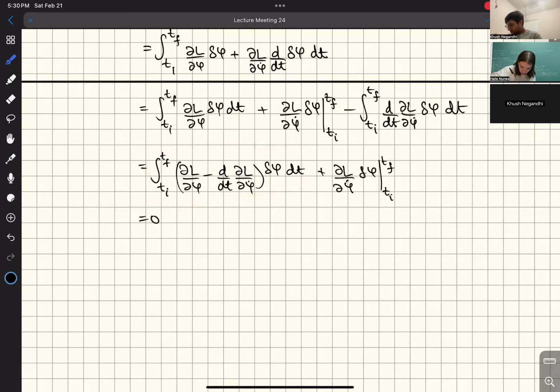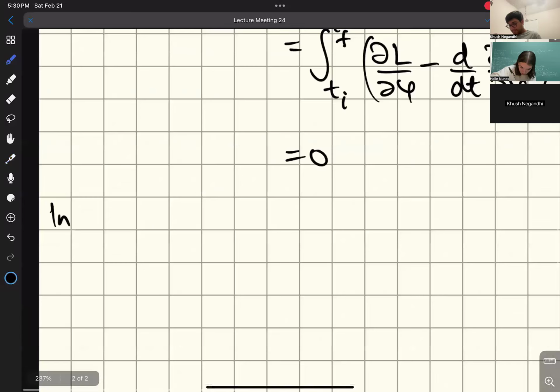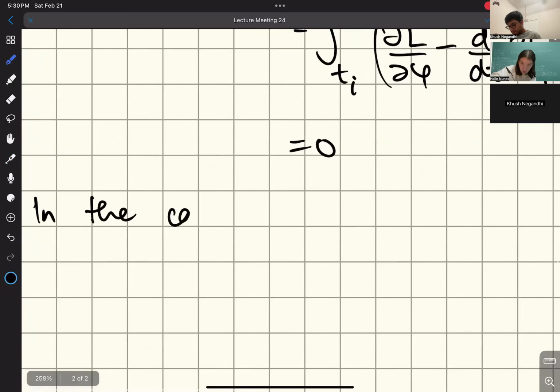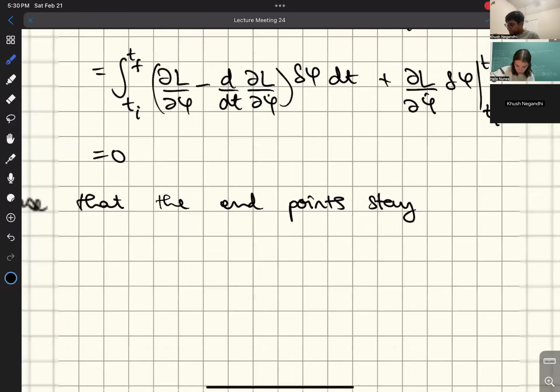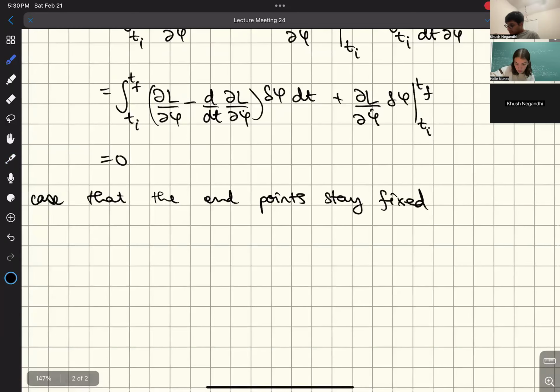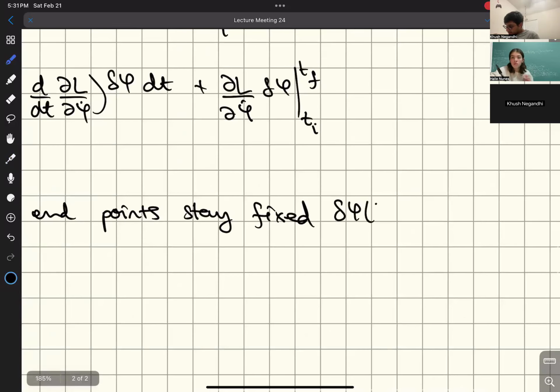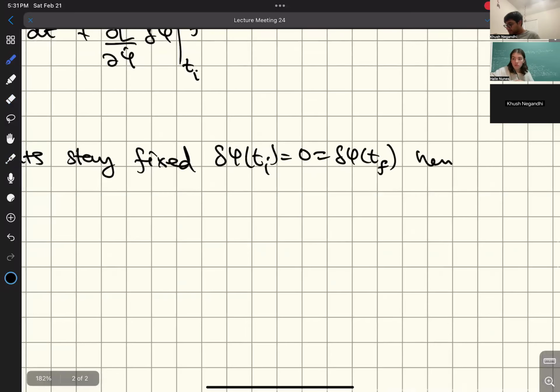So in the case that the endpoints stay fixed, we get that the variation at the initial time and the final time is equal to zero, right? Which means that we have no boundary terms, hence no boundary terms.